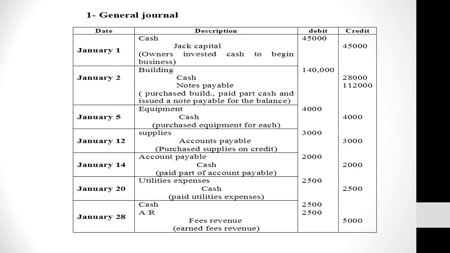Each one of these is called a double entry. And we have a simple entry like this. It is an entry that has one account in the debit and one account in the credit. And we have compound entries like this. It is when one side of the entry has more than one account. That's all for now, and thank you.